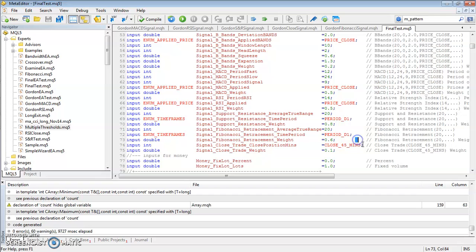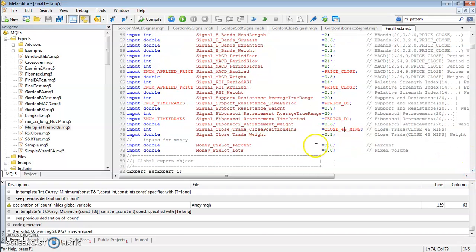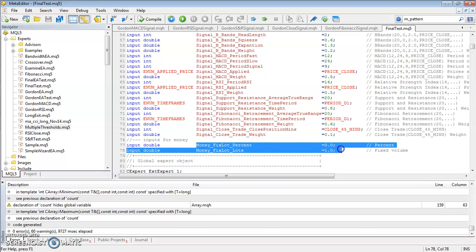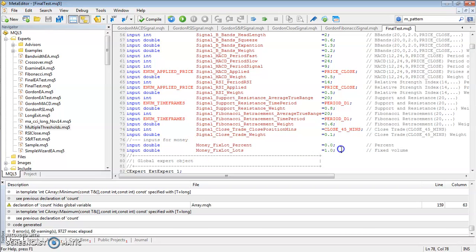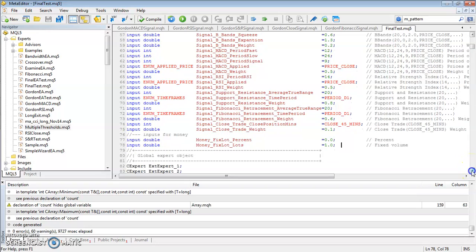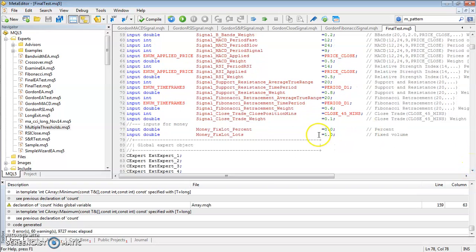So here 45 minutes is the max that we've set, and the lots, we've made sure that it's one standard lot, so 100,000 lots, and that gives us the ability of making 1 pip or $10.